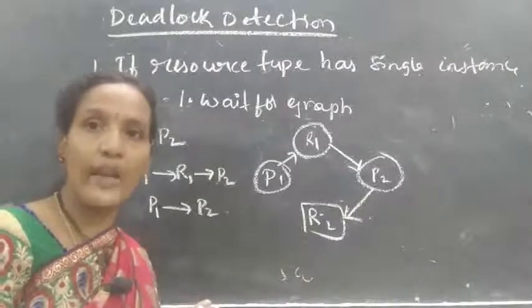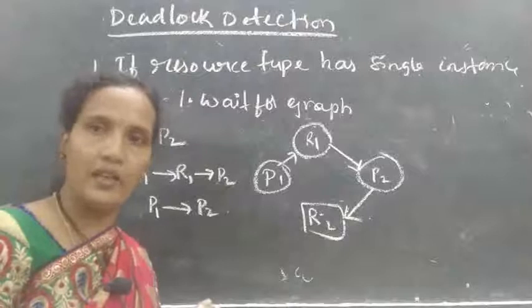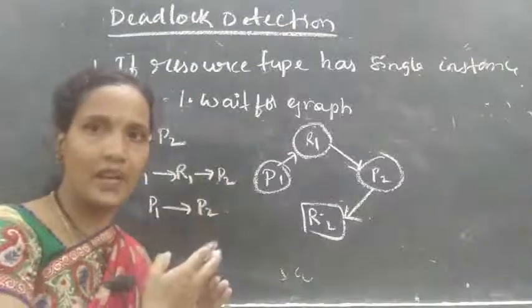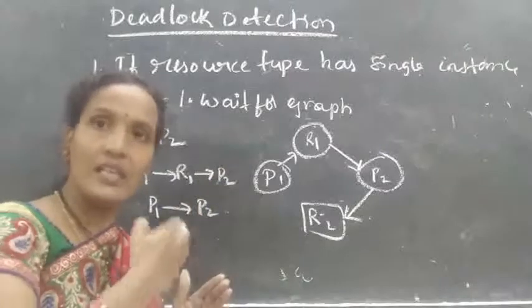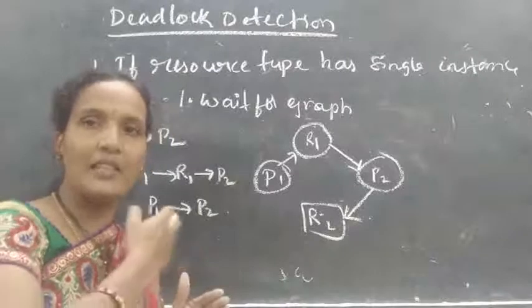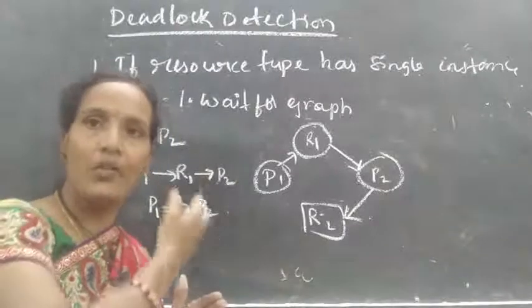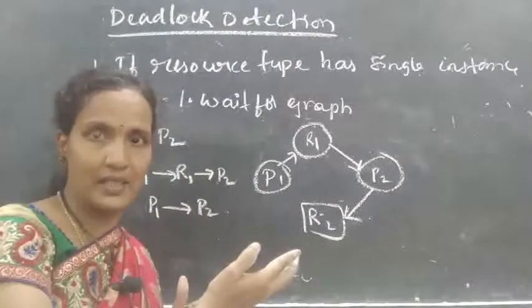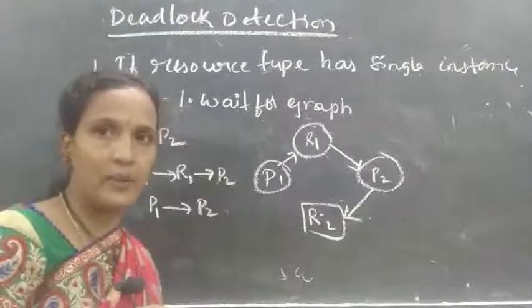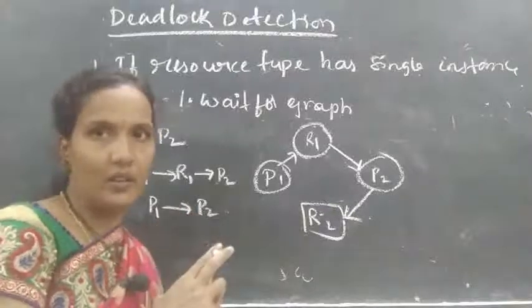We'll use the wait-for graph to detect the deadlock. So, the wait-for graph is constructed from your resource allocation graph, and there the resources are removed and there's a direct connection from one process to another process. Understood? Now we'll construct one wait-for graph and I'll explain whether there is a deadlock or not.